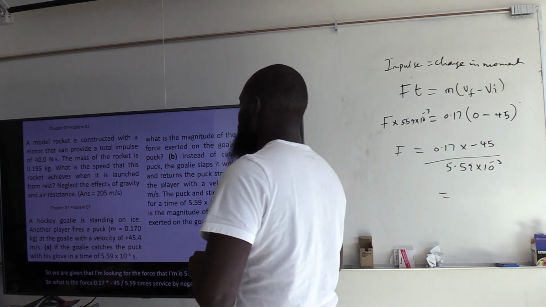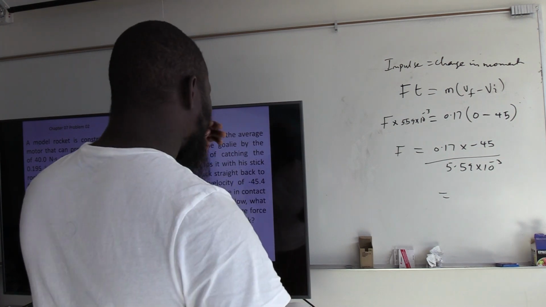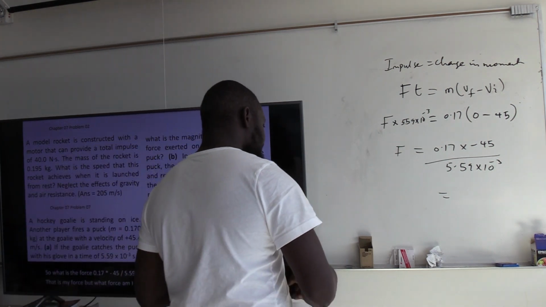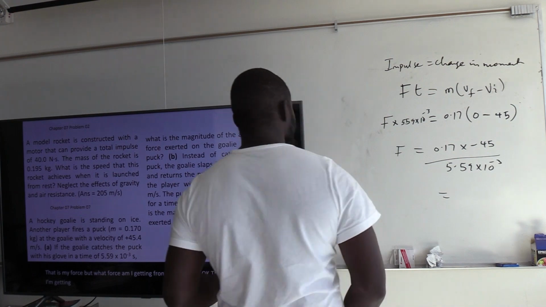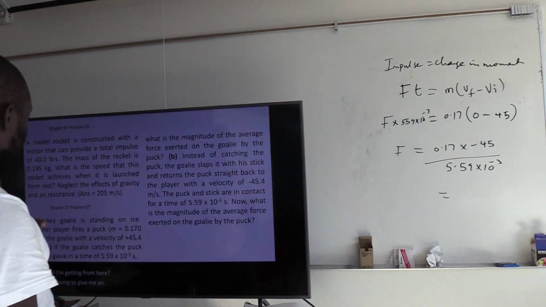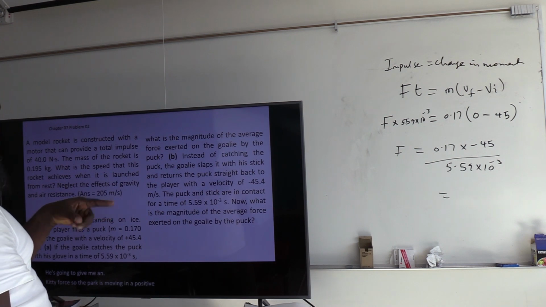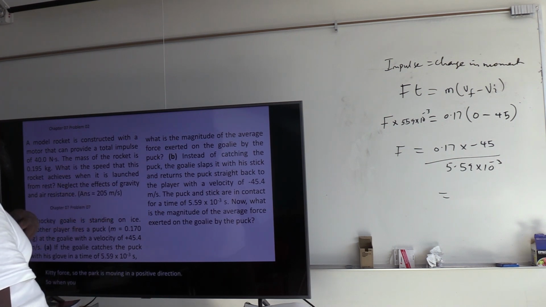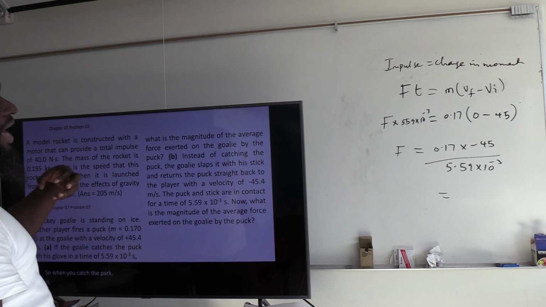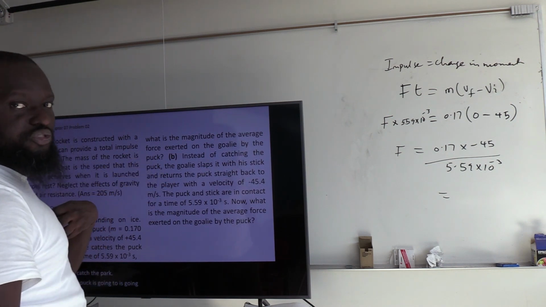That is my force. But what force am I getting from there? This force is going to give me a negative force. The puck is moving in a positive direction, so when you catch it, the puck has a positive force on you.